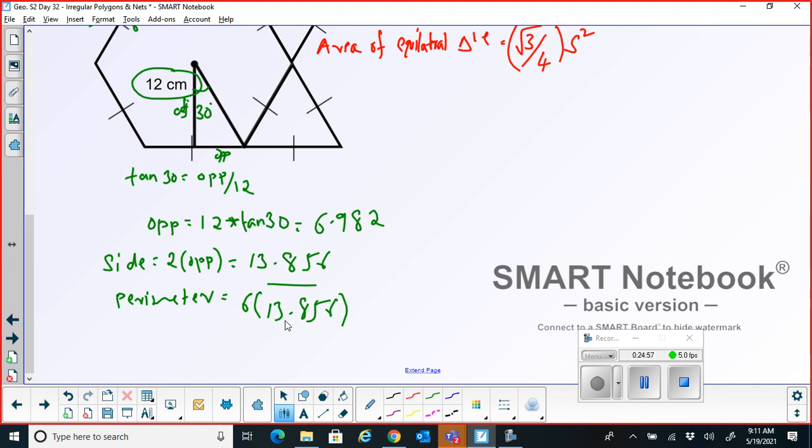I had not rounded in my calculator and just multiplied and got 83.138, but if you multiply 6 times 13.856 you will get 83.136. There will be an error in the third decimal if you round. I have just rounded here itself, so I get 83.136.